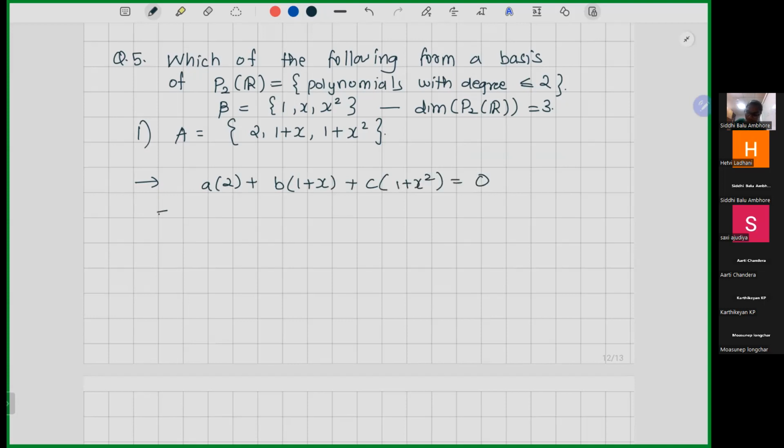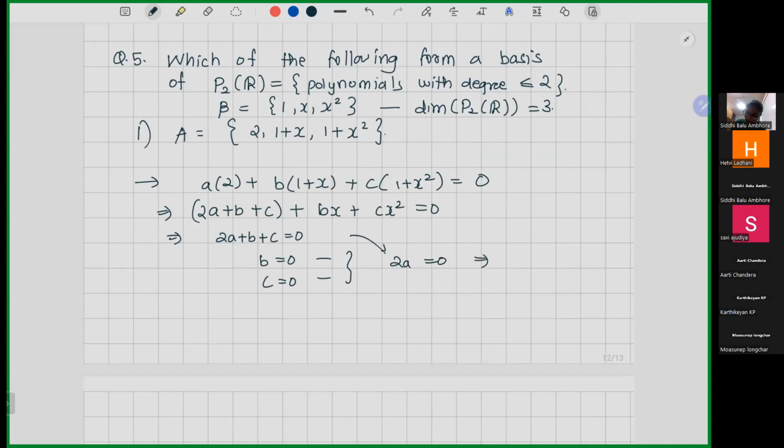So let us check. Take all the constant terms together, plus bx plus cx square is equal to 0, and this will give me 2a plus b plus c is equal to 0, b is equal to 0, c is equal to 0, and these will give me that 2a is equal to 0 and a is equal to 0.